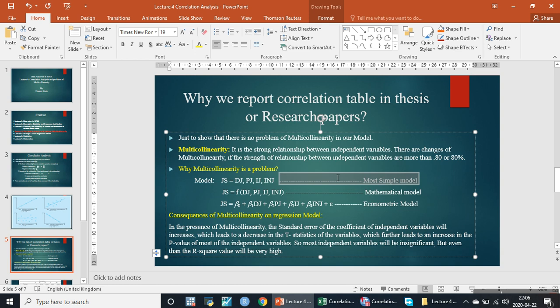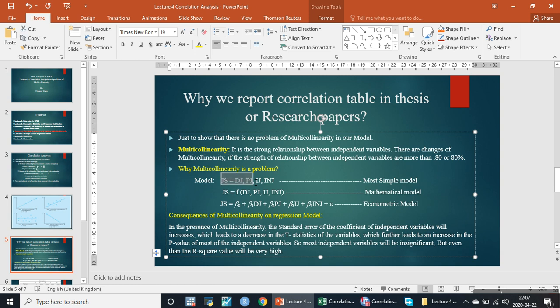This is the most simple form, most simple model. We can also write this model in this form. Job satisfaction is a function of these four variables. It is a mathematical model, and we can also write the research question in this form. It is a pure econometric model.